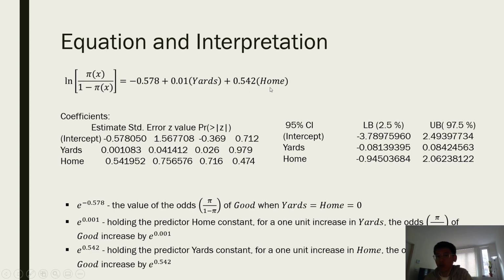Holding the home constant. I missed that sentence, which is very important: controlled for the other predictors, 1 unit increase in yards will result in 0.01 logit increase in good. This is how you interpret it; it's a very clear equation.